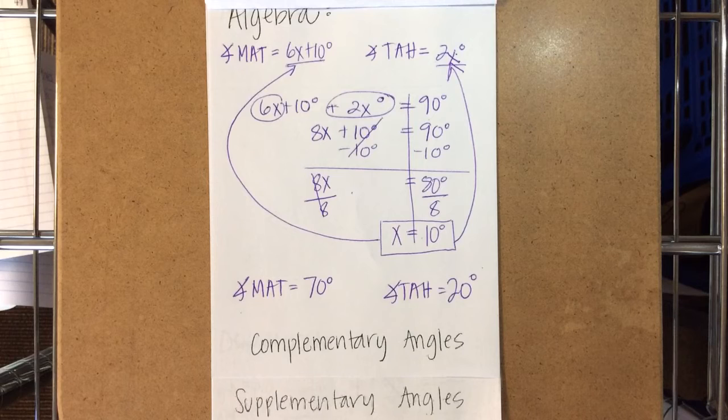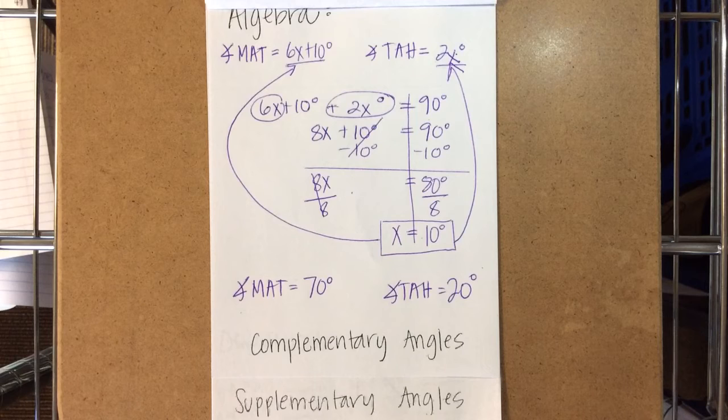They should have a sum of what? 180. So what should I do with 10x plus 12 and 2x? Are they equal to each other? Are they the same? No. So what should I do with them?